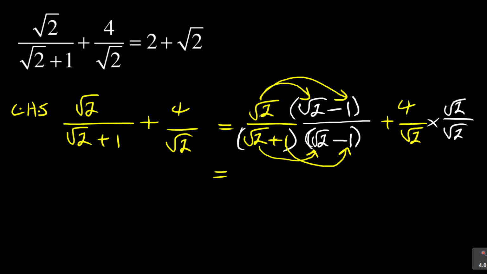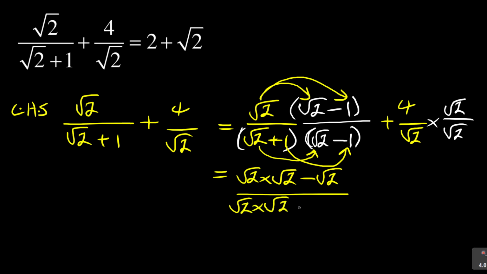So on top it's square root of 2 times square root of 2 minus square root of 2 times 1 is minus square root of 2, all over at the bottom square root of 2 times square root of 2, and then the last one is minus 1 times 1, which is negative 1, plus then you multiply the top 4 square root of 2 over square root of 2 times square root of 2.